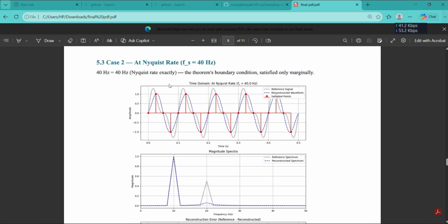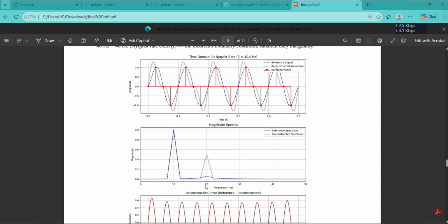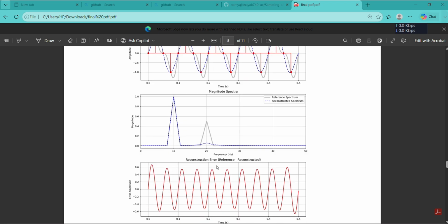The 20 hertz tone basically disappears in the spectrum, barely a bump. I stared at this for a bit before I realized what happened. At exactly 40 hertz, my samples kept landing on the zero crossing of the 20 hertz tone every single time.